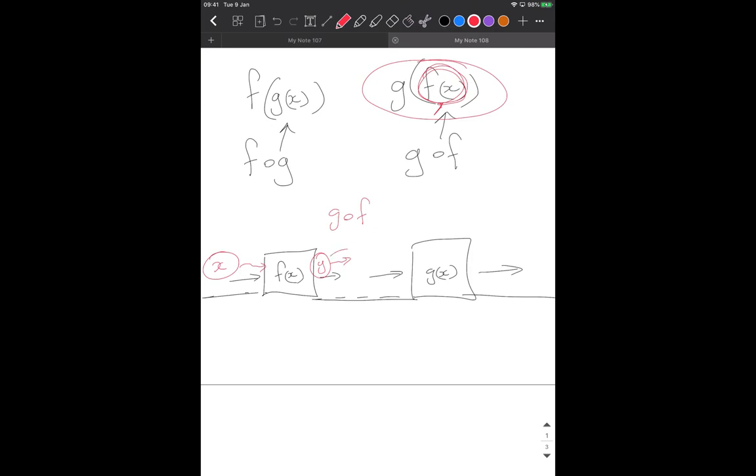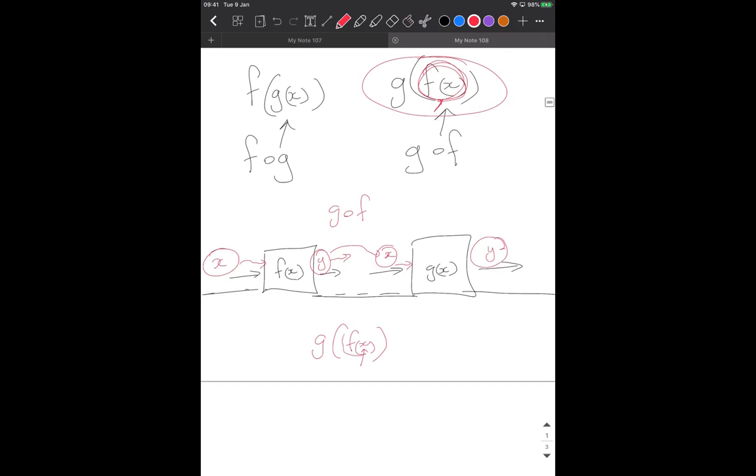Now those y values have to then turn into x values for the g of x, and out come y values. So with g of f of x, we can think about it as subbing in values for x, then we get a y value, and then that y value becomes the x value for g.